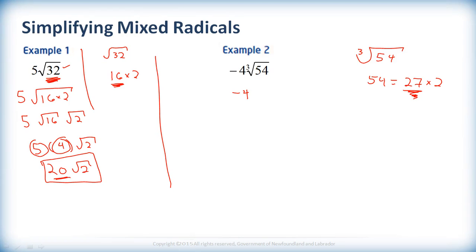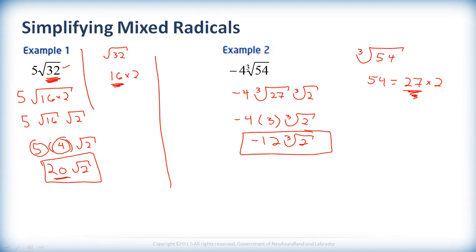So all we've got to do here is change this into cube root 27 times cube root 2. And what we end up with is negative 4 times 3 times cube root 2. So that's negative 12 cube root 2. And then we're in simplest radical form. Wow, it's like clockwork, isn't it? Takes more practice, though, to get good at it.